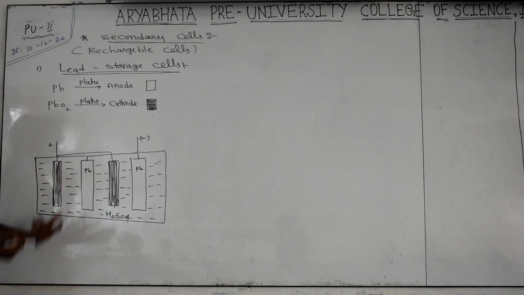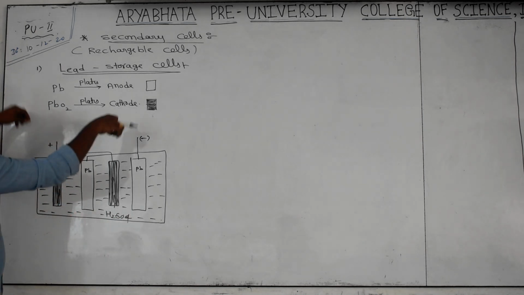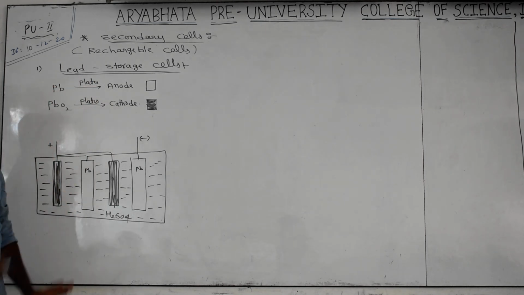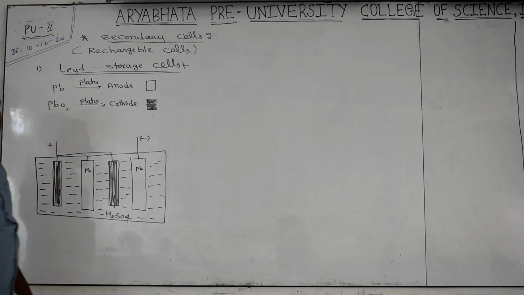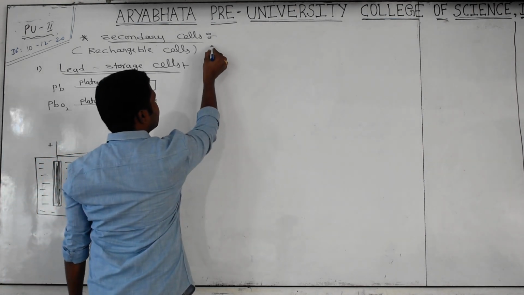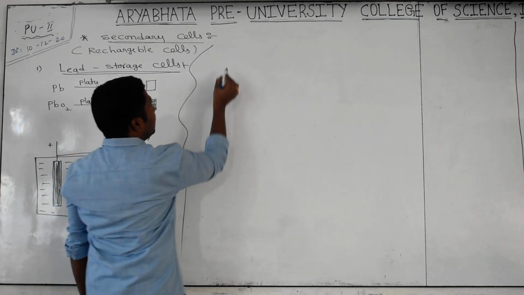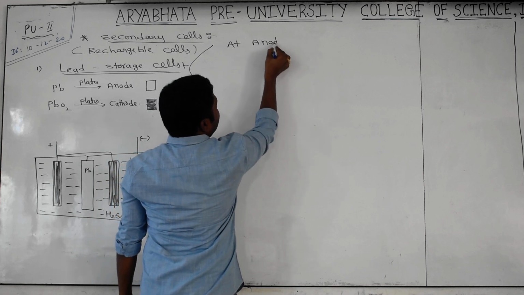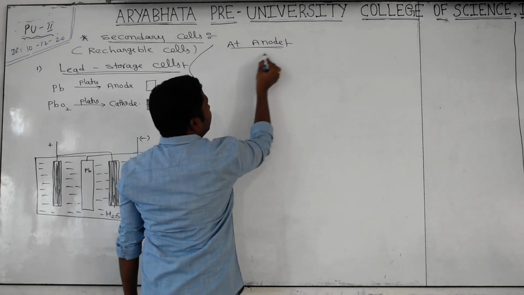If you take it like this, and give an external connection here, like a bulb or some device, it will work automatically. How is it happening? How does it produce the electrical energy? That is our concept now. It happens at the anode, that is, at the lead plates.